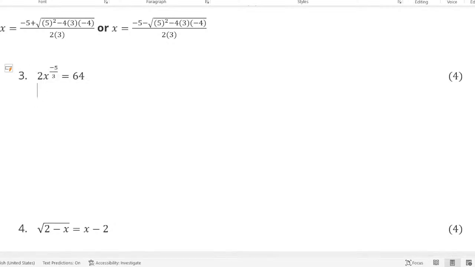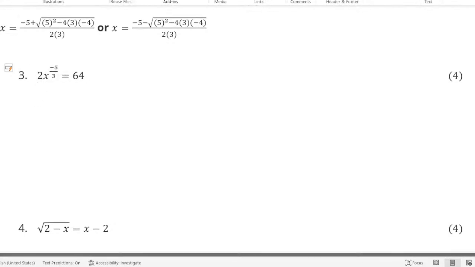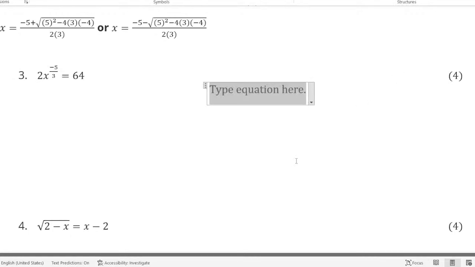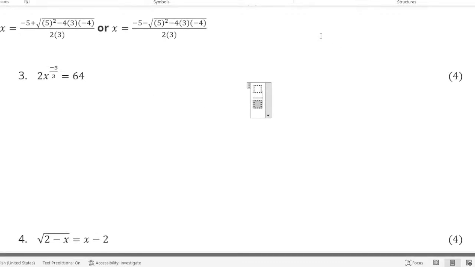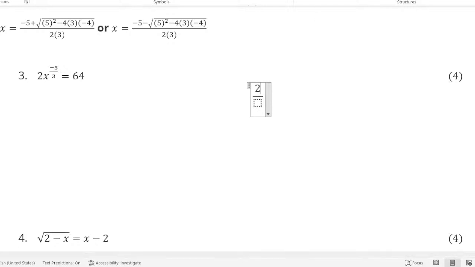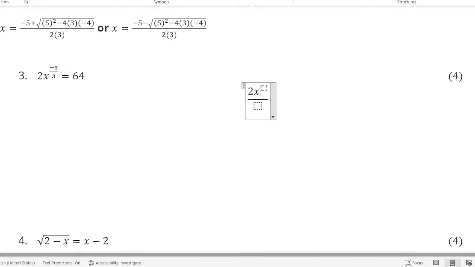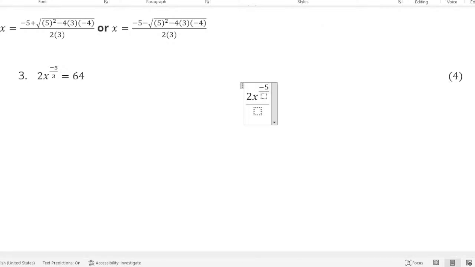So here we have 2x to the power negative 5, right?